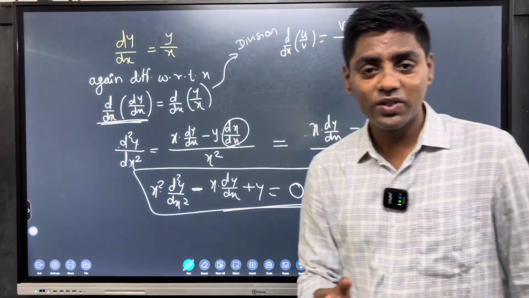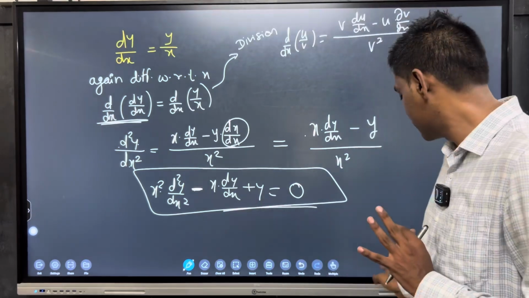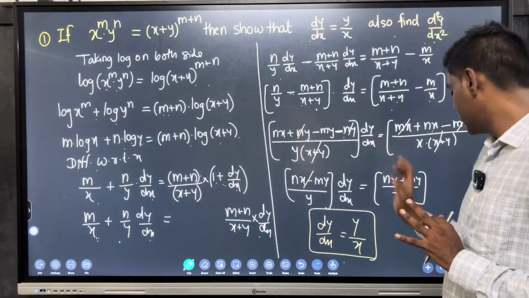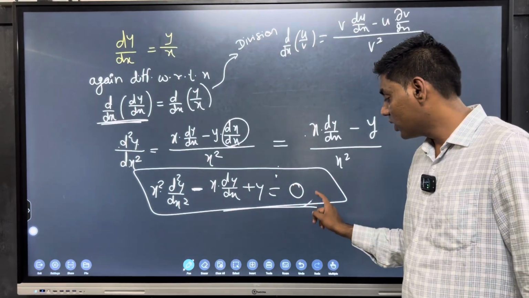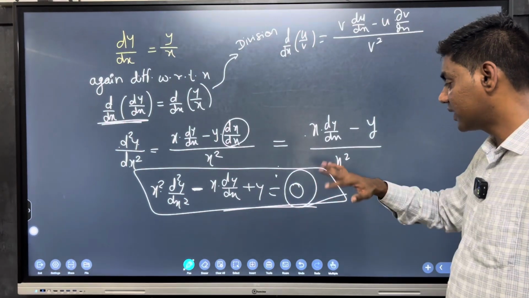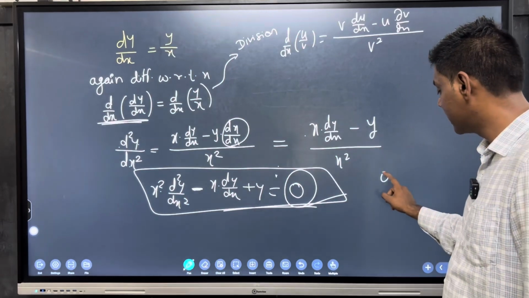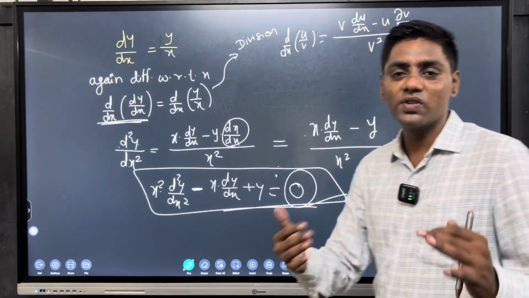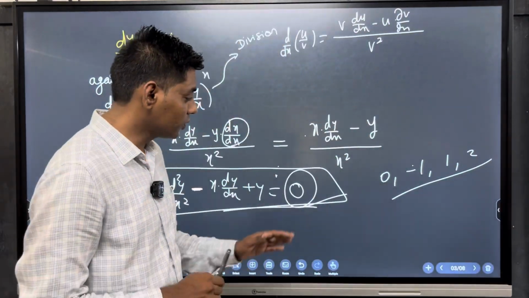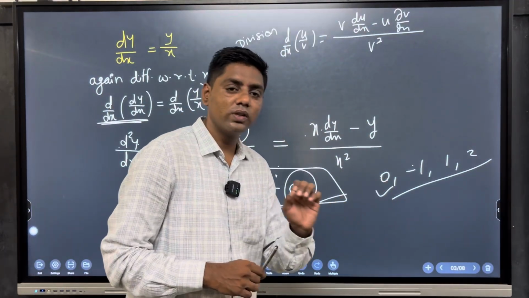Many times they ask in the CET, a similar question is given, and you also have to solve the equation up to this, and find what it is equal to. 1, 0, minus 1, 1 and 2. So 4 options are given, and you must tick the first and you will get the total mark.